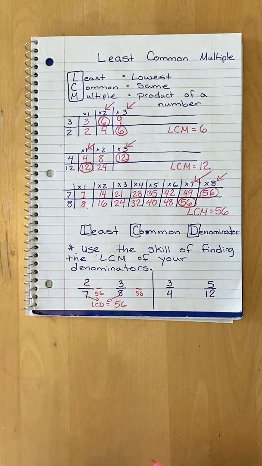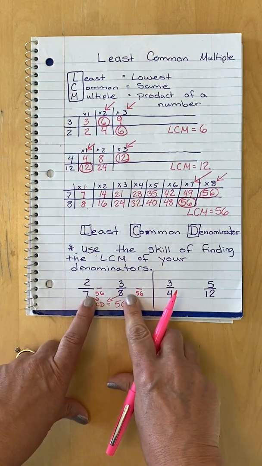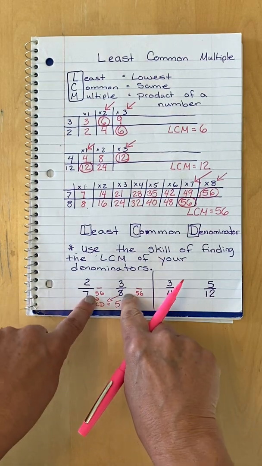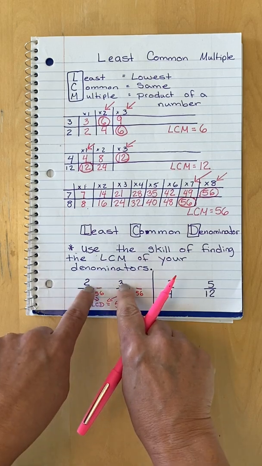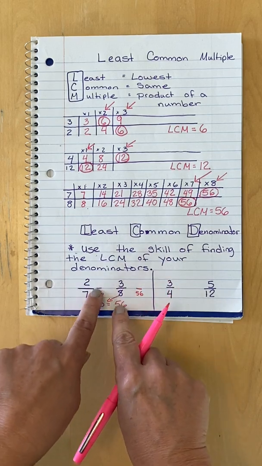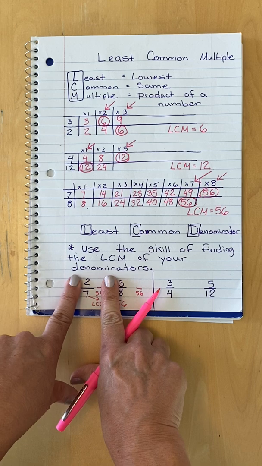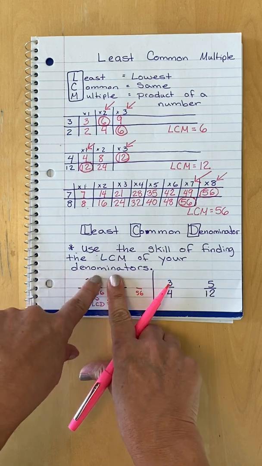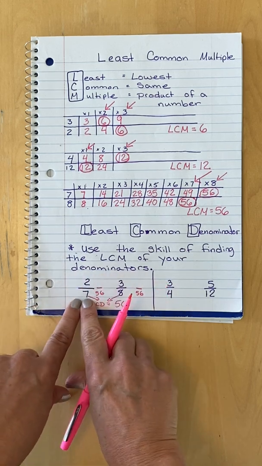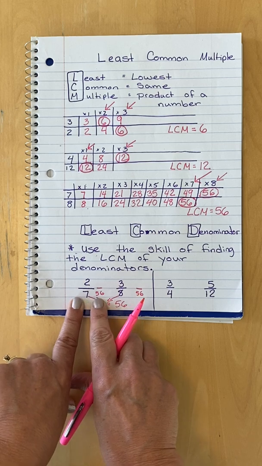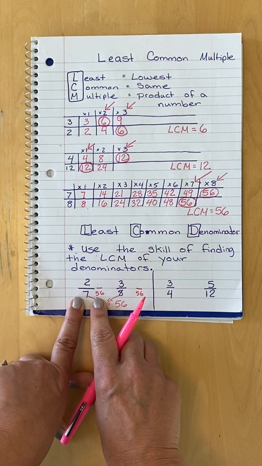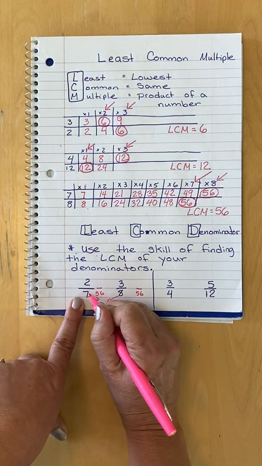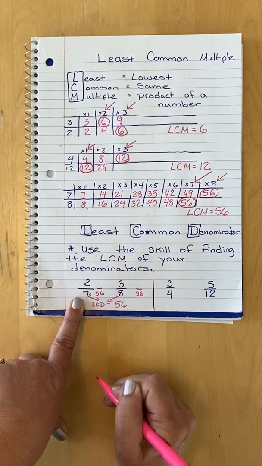So now is where the factor of change comes in, really important. Whatever I do to my denominator, I have to do to my numerator, because we're creating an equivalent fraction of 2/7 to some amount of 56. I've basically broken these sevenths into much smaller parts. So how did I get from 7 to 56?